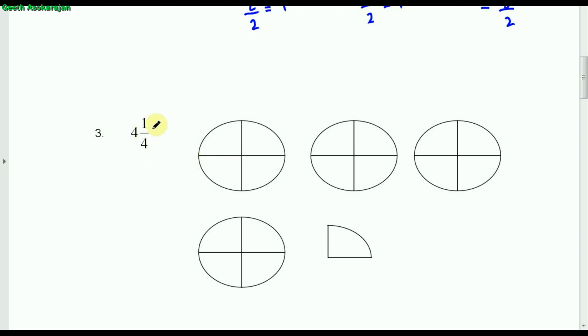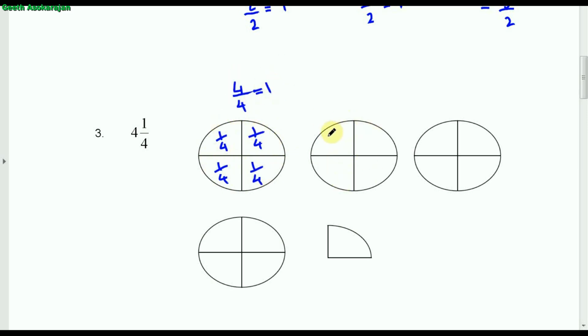Let's think of this in terms of quarters with the aid of this diagram. So we have this whole, and that is made up of a quarter, another quarter, another quarter, another quarter. So 1/4, 2/4, 3/4, 4/4, and 4/4 is 1. So 4 quarters amounts to a whole.